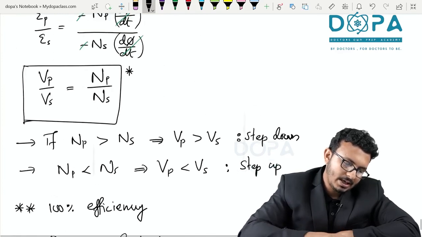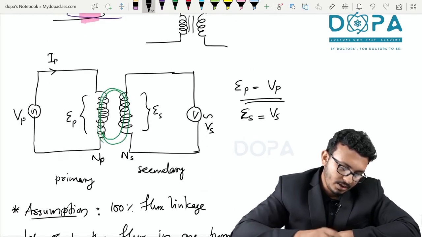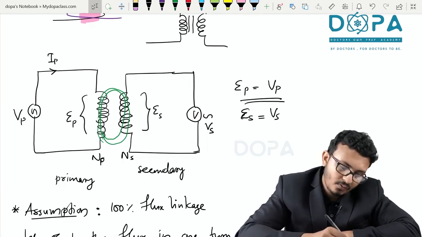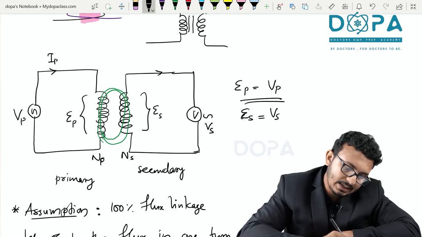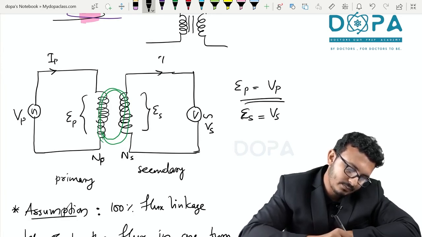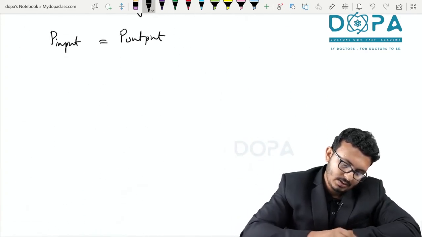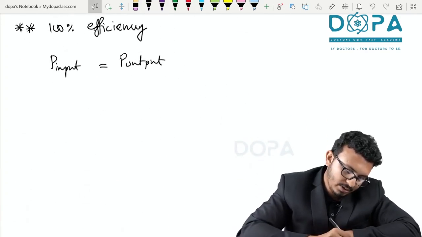That means the voltage input is Vp and the current input is Ip. Similarly, the voltage output is Vs and the current output is Is, the current in the secondary.